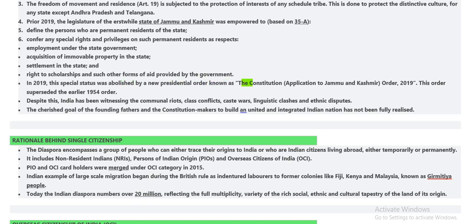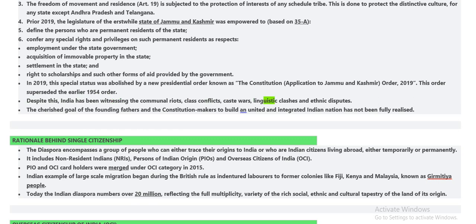In 2019, this special status was abolished by a new presidential order known as the Constitution (Application to Jammu and Kashmir) Order, 2019. This order superseded the earlier 1954 order.